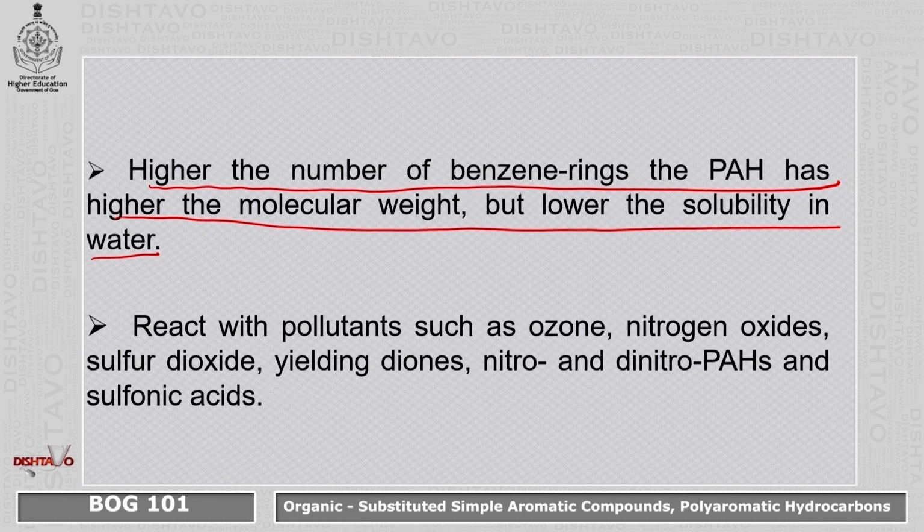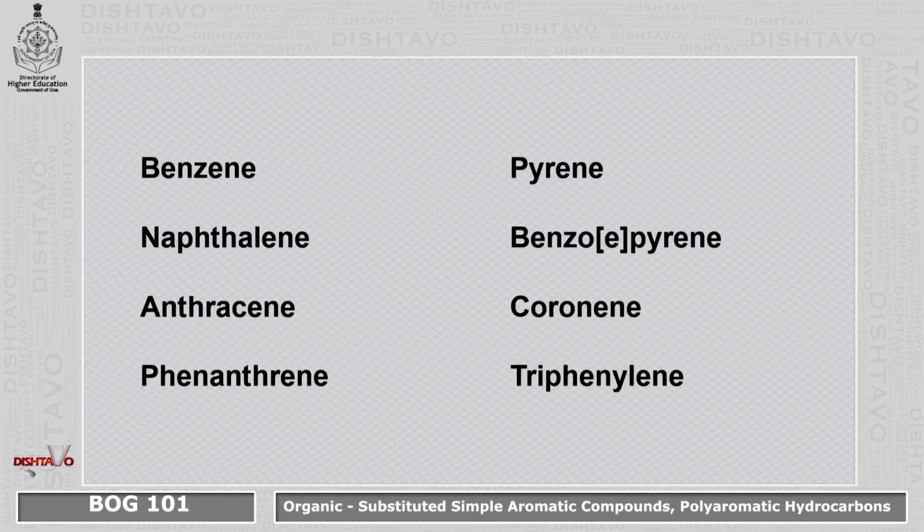They react with pollutants such as ozone, nitrogen oxides, and sulfur dioxide, yielding diones, nitro and dinitro polyaromatic hydrocarbons, and sulfonic acids. These are some of the examples. We have benzene, naphthalene, anthracene, phenanthrene, pyrene, benzopyrene, coronene, triphenylene.